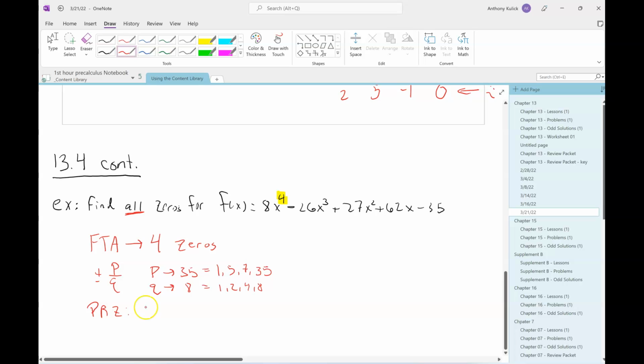So my possible rational zeros then are going to be 1 over 1, 5 over 1, 7 over 1, and 35 over 1.